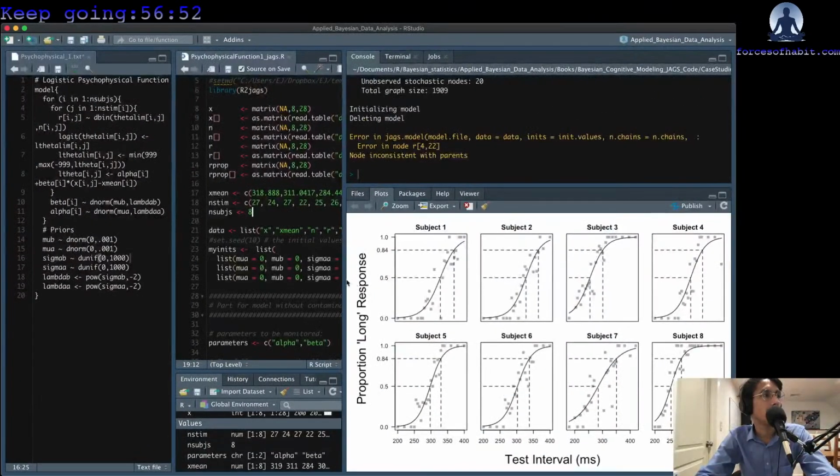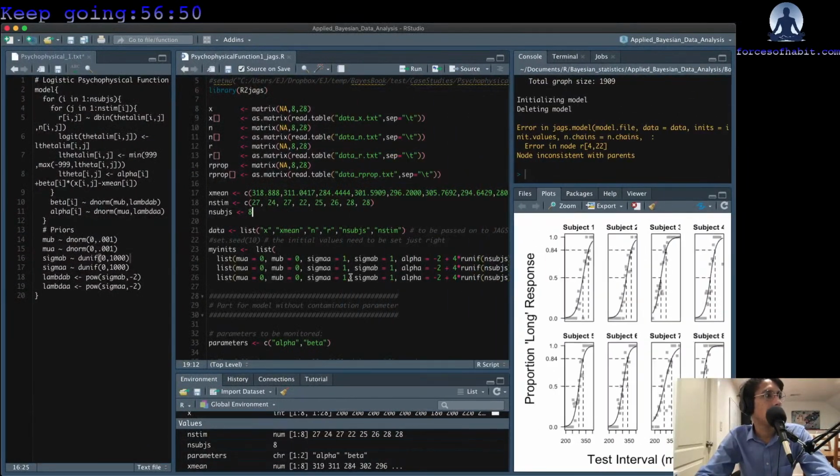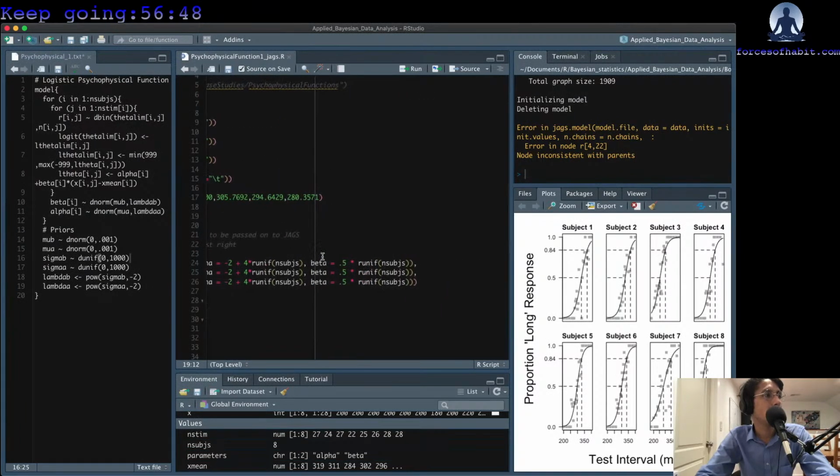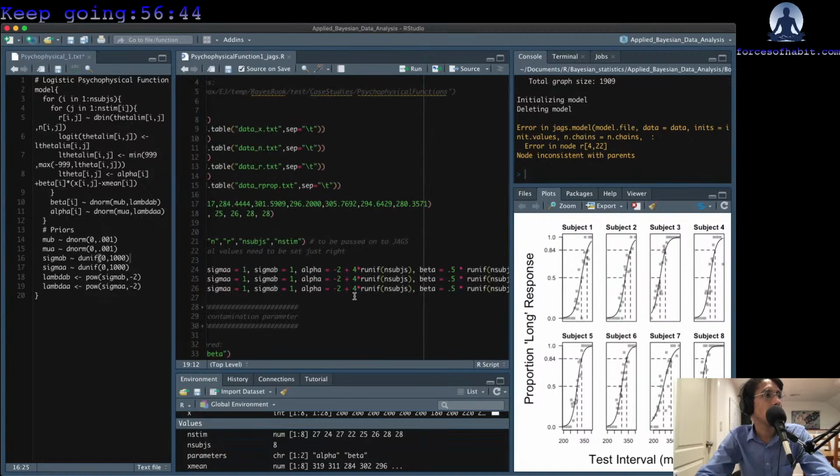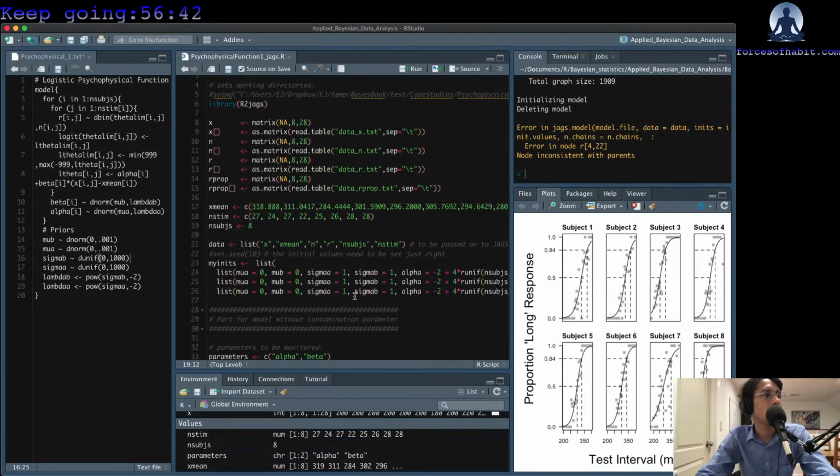So what's happening here is that the value that I'm giving for one of these initializations is a value beyond the range of possible values that I specified here.